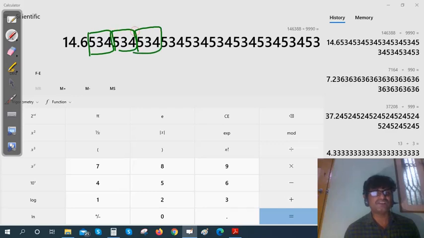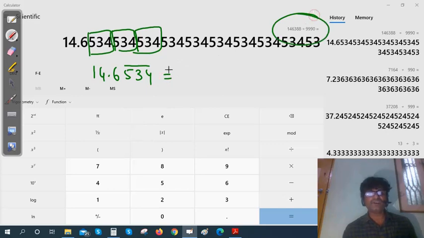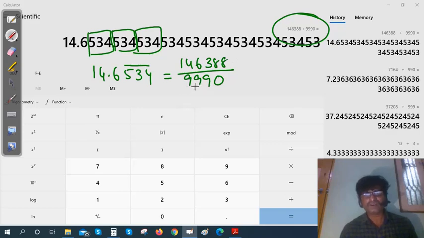So we can write this as 14.6534 with 534 under the bar. This is equal to 146388 divided by 9990. Okay, got it?